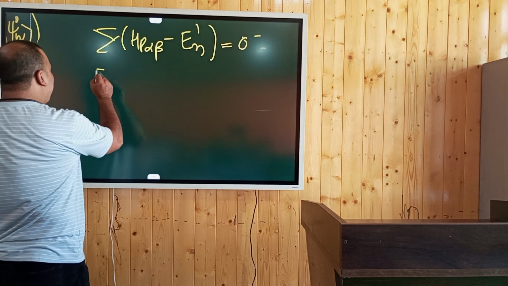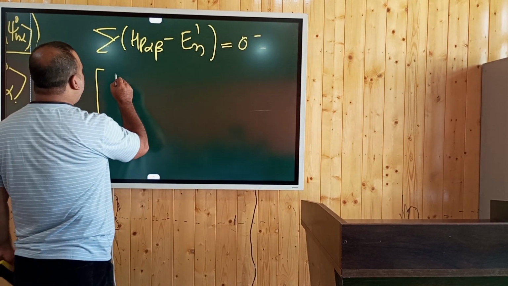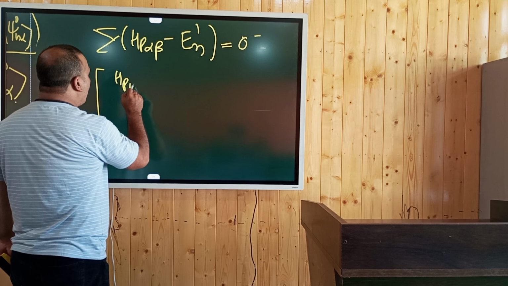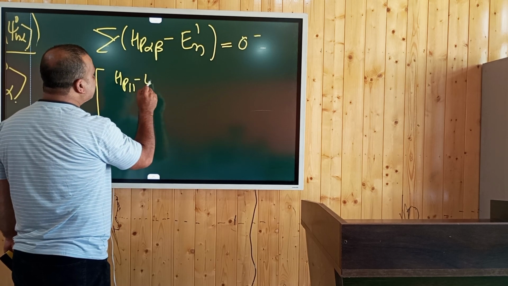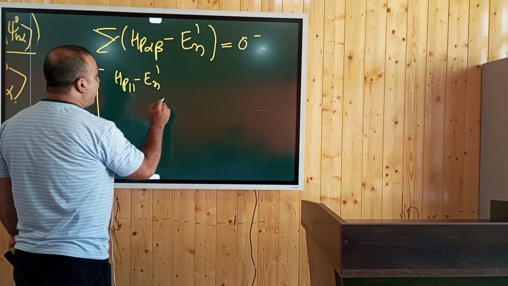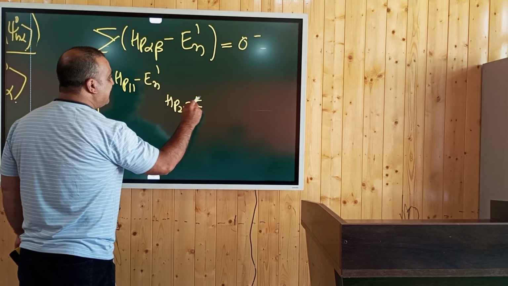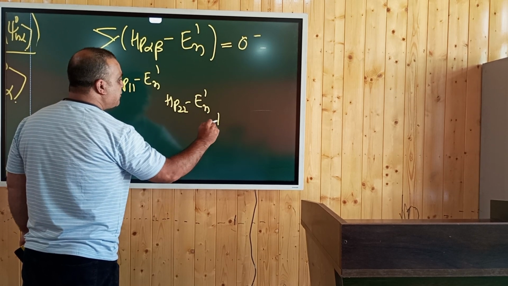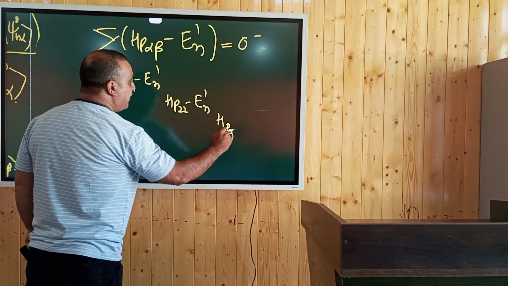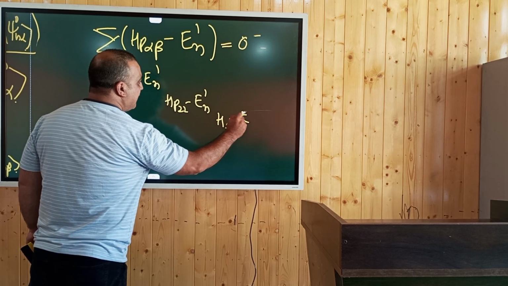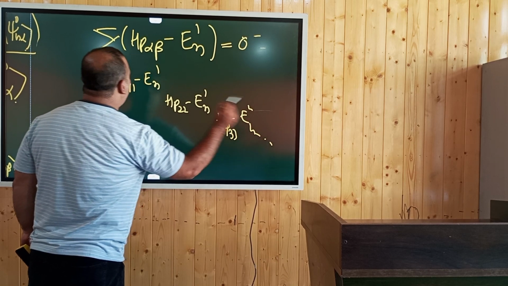My equation is like this: you have HP11 minus En1, HP22 minus En1, HP33 minus En1, and so on and so forth.